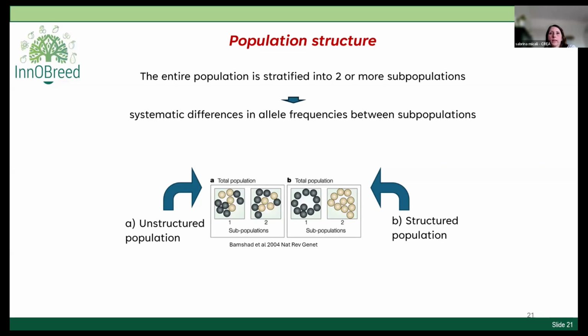So in the 2 subpopulations allele frequencies are the same. This population is not structured, while in panel B we have a highly structured population with the 2 populations clearly distinguished by the allele frequencies.